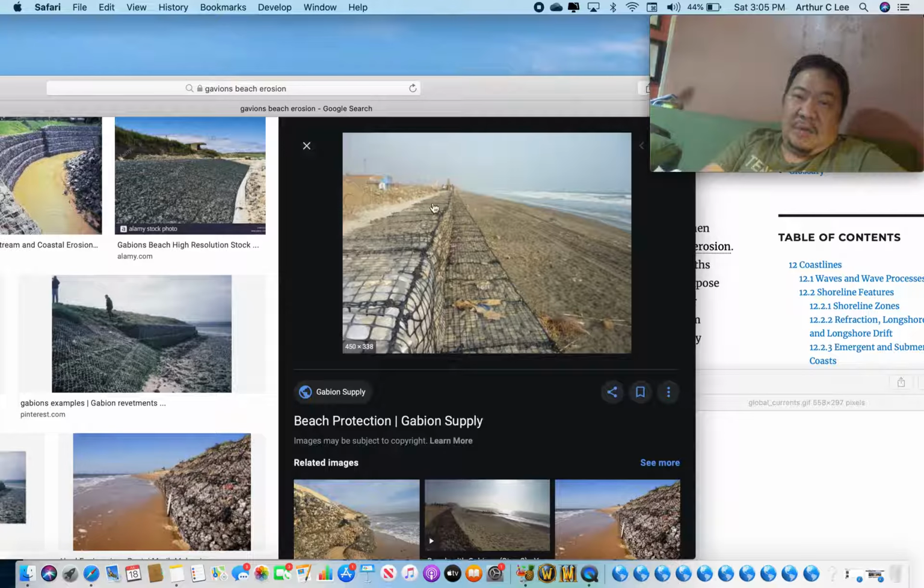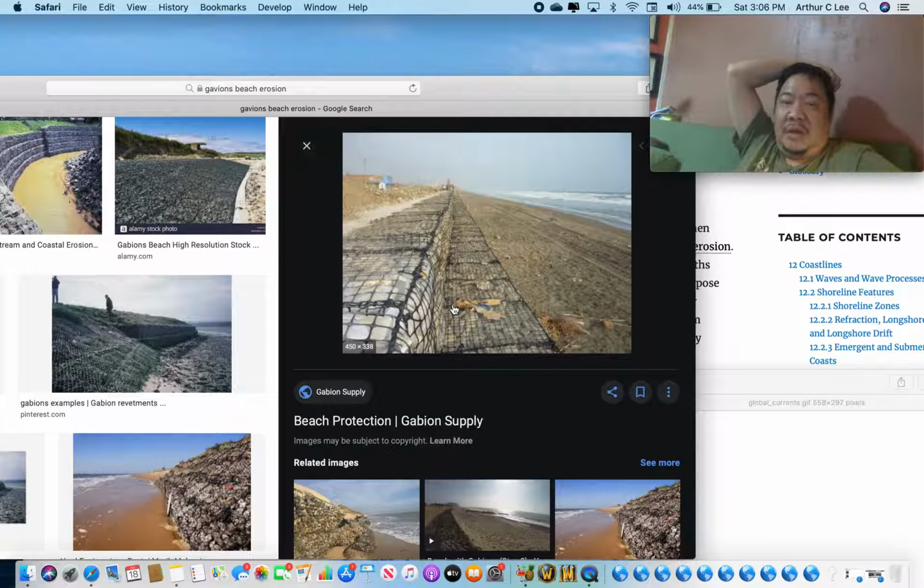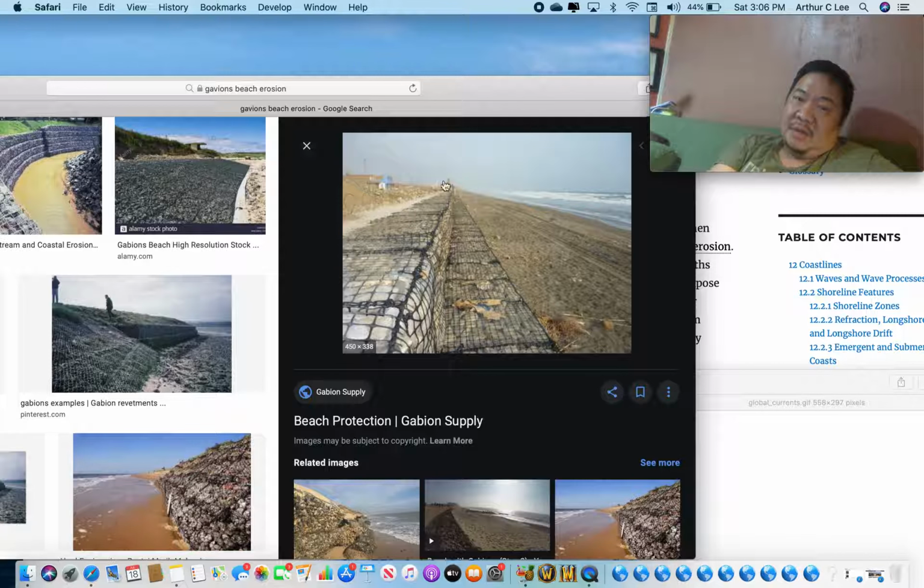And what these people have done is they've bought these cages of rocks. You can buy them at Lowe's or Home Depot and have them brought to in front of your property. So you make a wall of these rocks. This is a little better than a seawall because when the waves crash into this, they're not reflected back as much. So you still have some beach left.